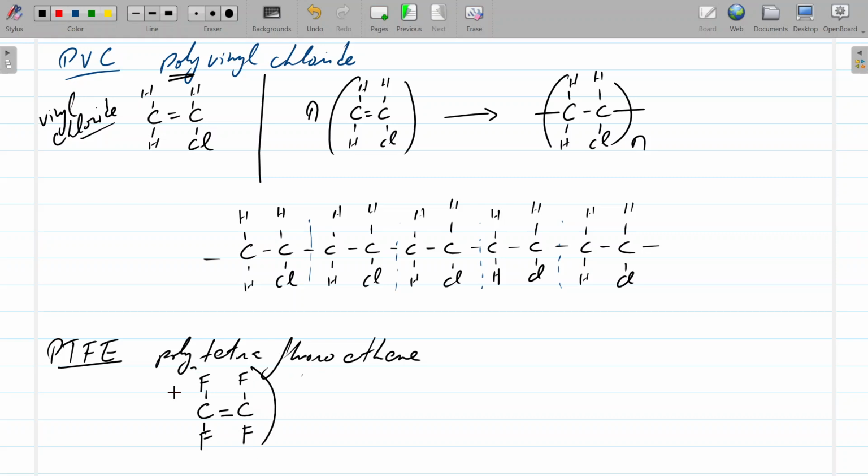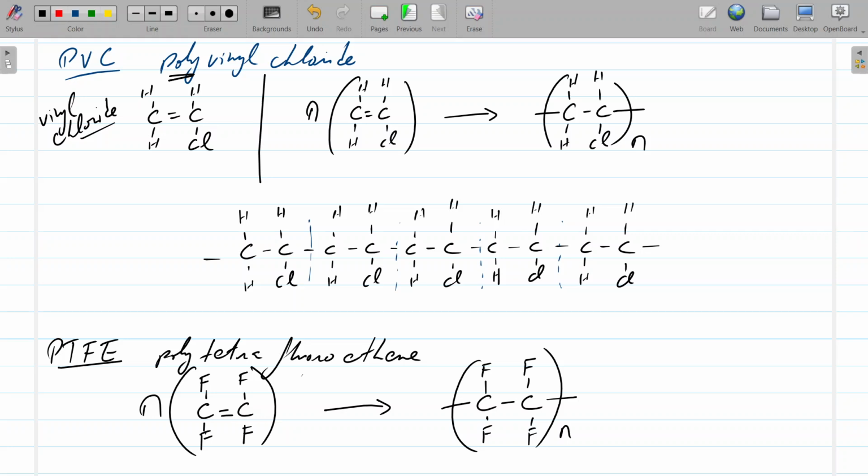You want to make a polymer out of it. So n number of these monomers, addition reaction. Addition happening here.